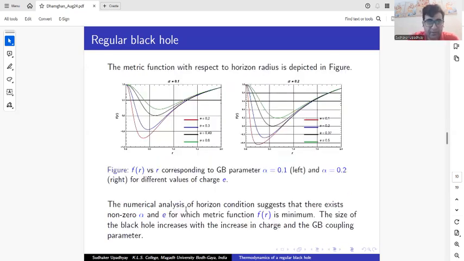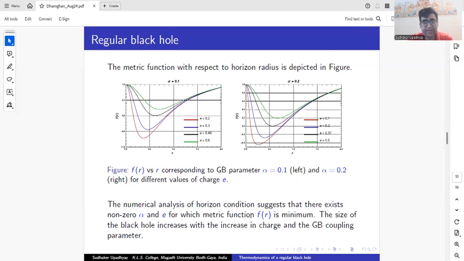If you plot the metric function with respect to the horizon radius, you can see this plot. Here you can see that the numerical solutions suggest that there exist solutions for non-zero Gauss-Bonnet parameter alpha and charge E, for different values of alpha and charge.